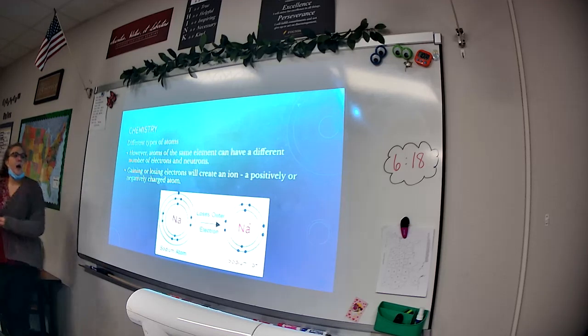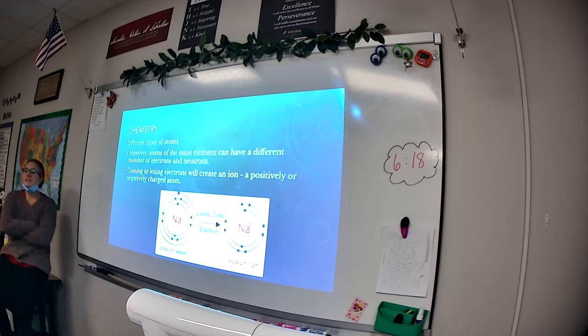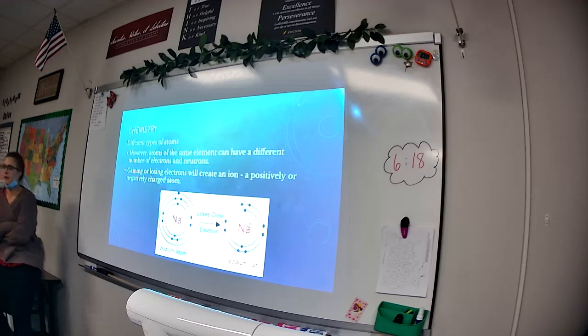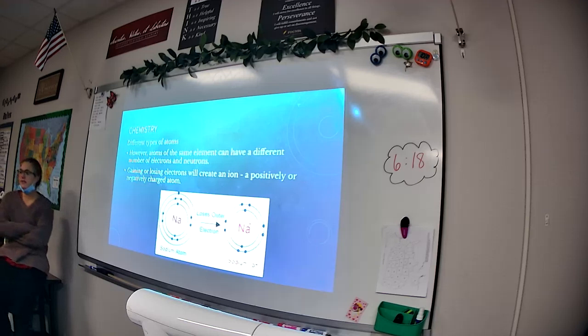So, one sodium atom compared to another sodium atom, or one helium atom compared to another helium atom. You can have different types of atoms that are the same element that have a different number of only electrons or neutrons. You cannot have a different number of protons, or you don't have the same element. I'll explain in just a minute.